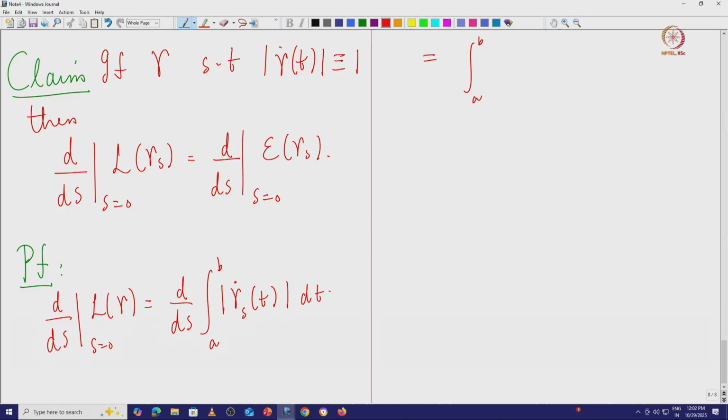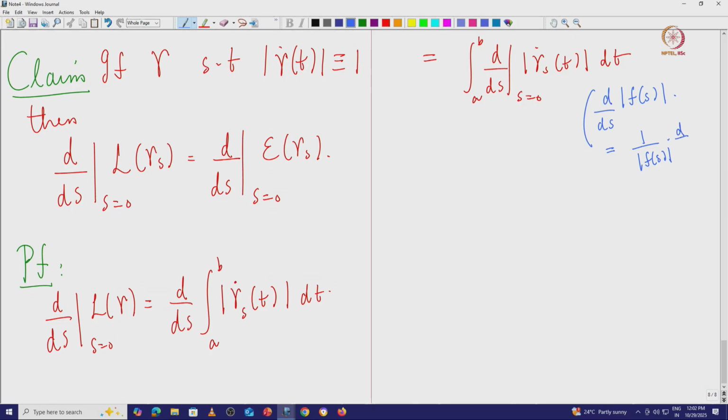So, you can again take the derivative inside, and now we use this formula that if you have a function f, if you take the norm of that, this is the same as 1 by mod f times the derivative of the square, okay, with a half.